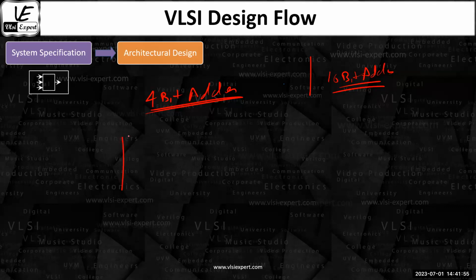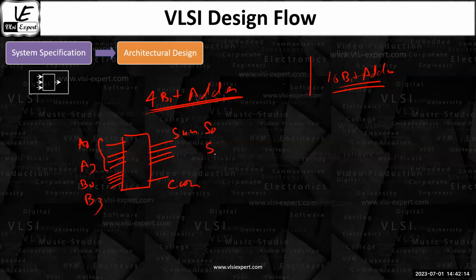For example, in the 4-bit adder, you have designed it in this particular way. This is A0 to A3. This is B0 to B3. This is your sum S0 to S3. And this is your carry. So this is my 4-bit adder, with one carry C in.